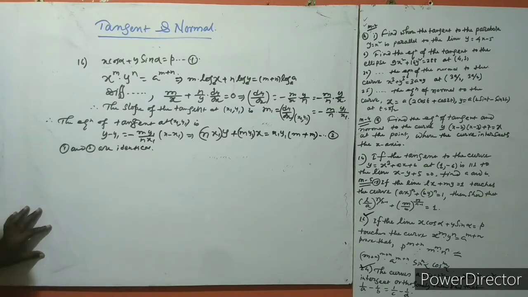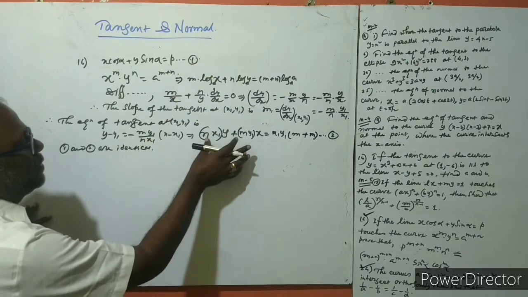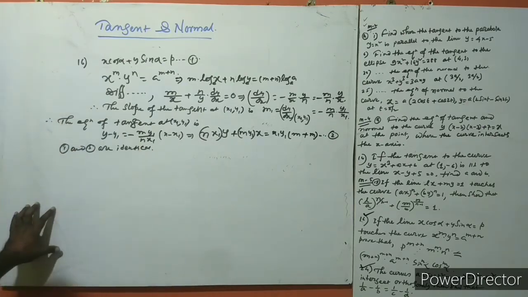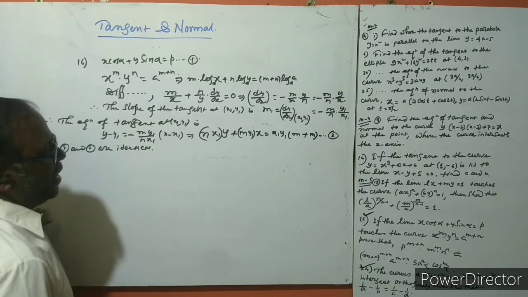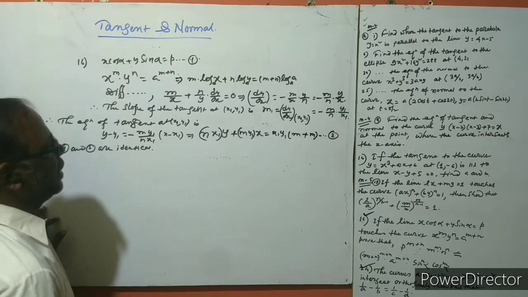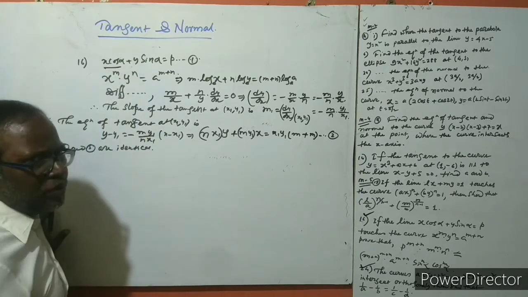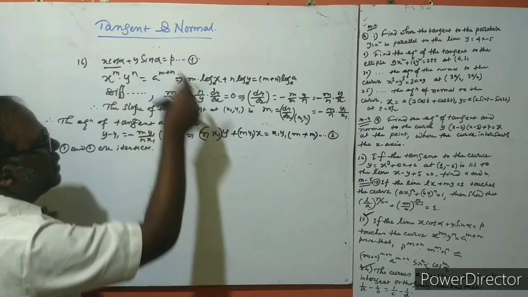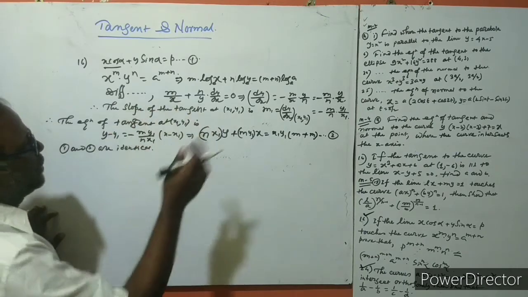Why are these two lines identical? It is given that this is a tangent, and we just found the equation of the tangent at the point x1 y1. If the two lines are the same, meaning identical, then we can compare the ratios. The ratio of the coefficient of x to the coefficient of x, and the ratio of the coefficient of y to the coefficient of y, are always equal and also constant.